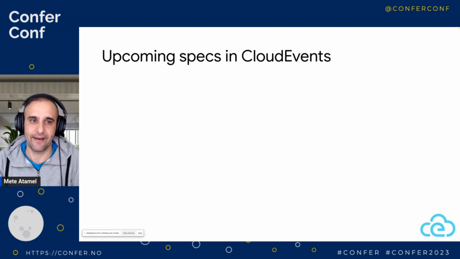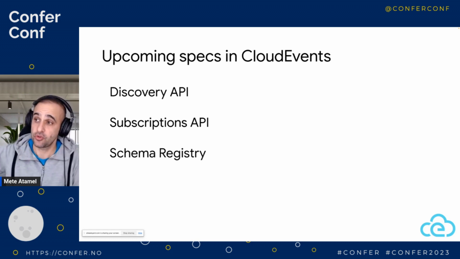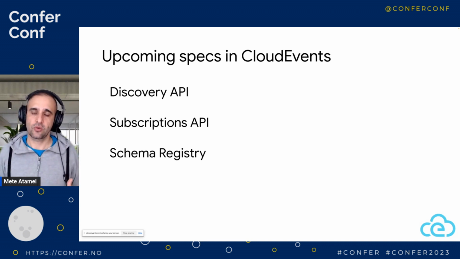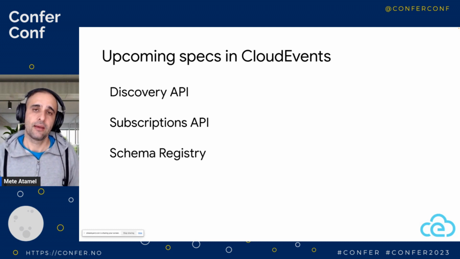All right. And then finally, in cloud events, there are some upcoming specs. There's a Discovery API about how to discover these events, then a Subscription API on how to subscribe to these events, and a schema registry, so that you can learn how these events should look. So as you see, cloud events is also changing and expanding beyond the envelope of the events and more toward the life cycle of events, right?